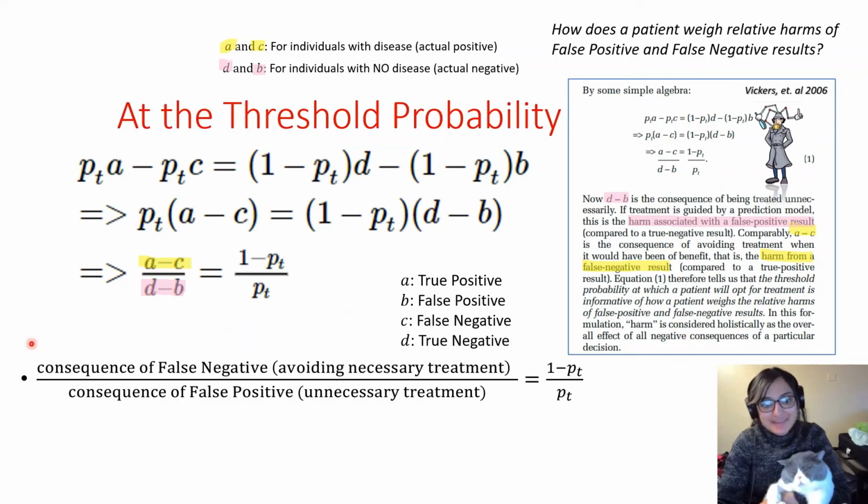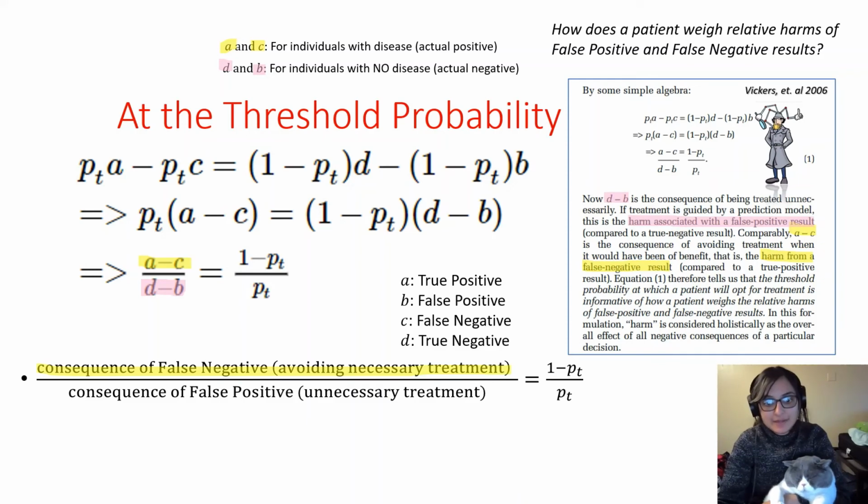So just simplifying this down. Basically 1 minus the probability threshold divided by the probability threshold is just A minus C, the consequences of a false negative, where you have avoided necessary treatment.